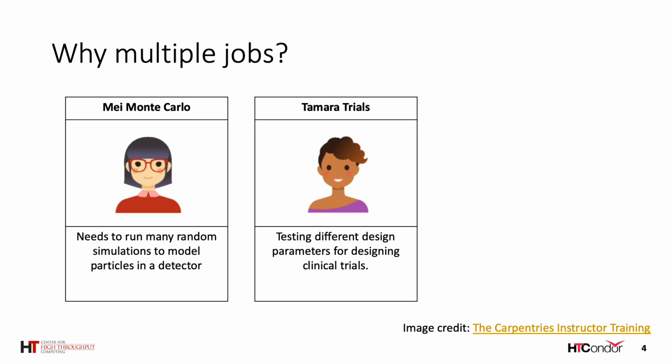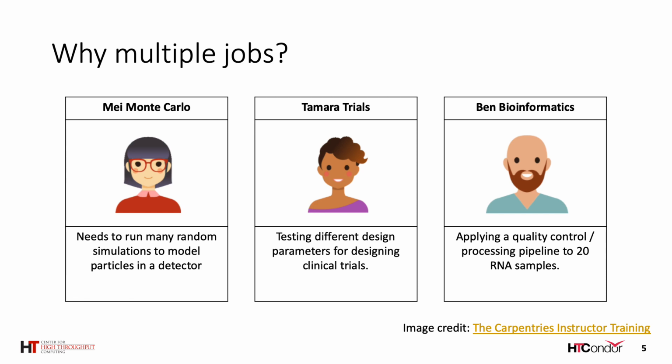She's working on a project to design clinical trials for medicine and can change different parameters of the trial design and wants to simulate different combinations of those parameters. And finally, we have Ben Bioinformatics, and he has 20 RNA data samples that he wants to run through a standard quality control processing pipeline.